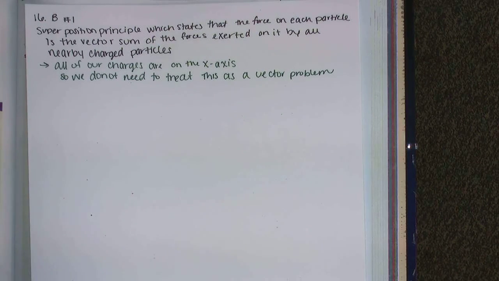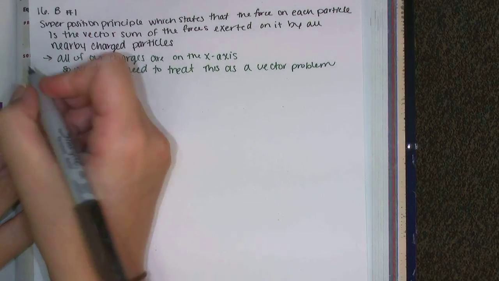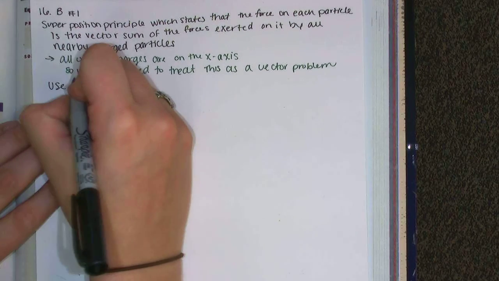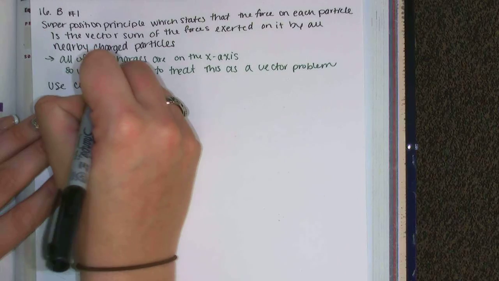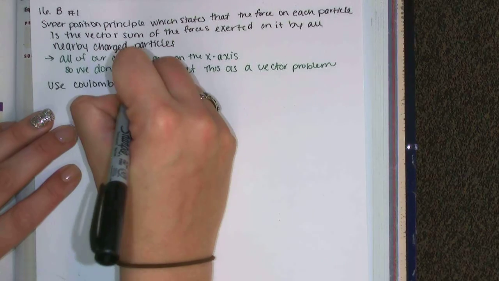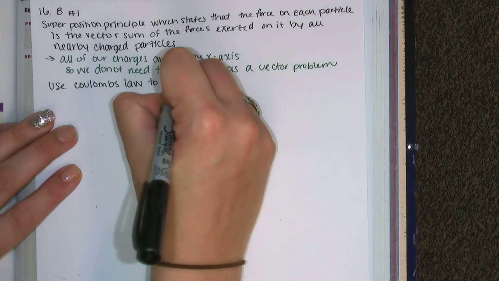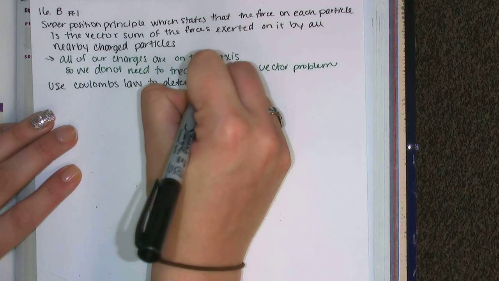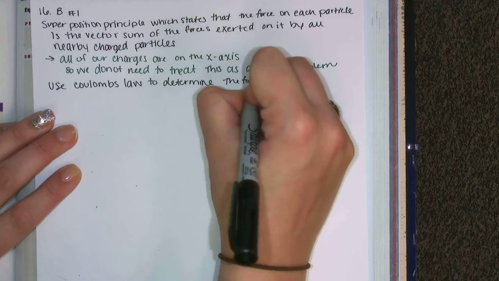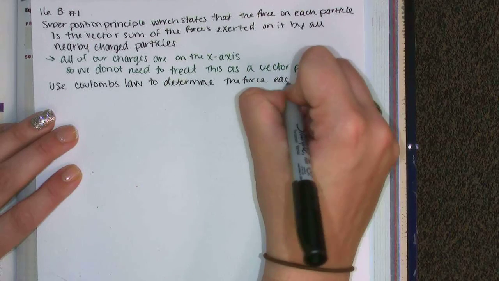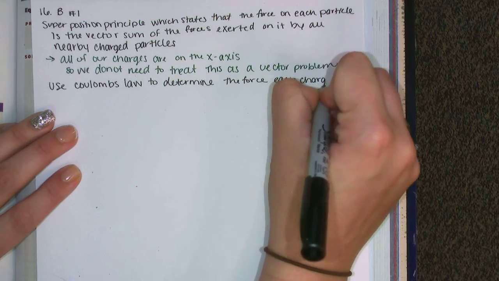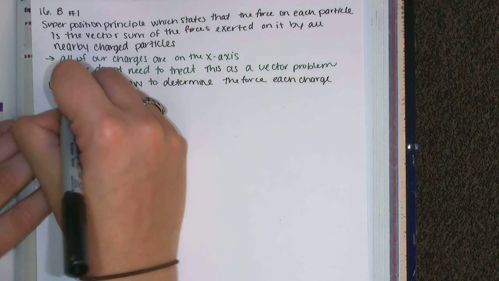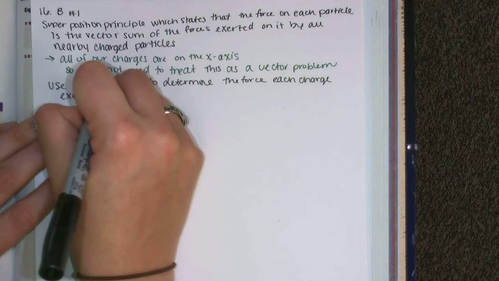All right, so what we do want to do now is to actually start looking at the problem. We want to, first of all, use Coulomb's law to determine the force each charge exerts on another charge.